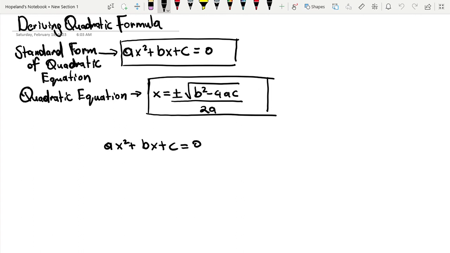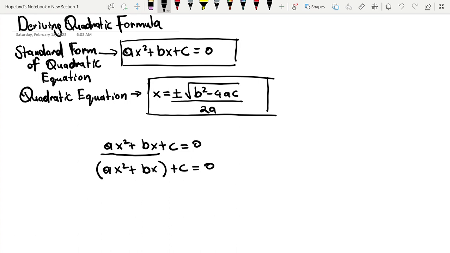So we're going to put parentheses around the first two terms, which are these two right here: ax squared plus bx, and then the plus c is equal to 0.